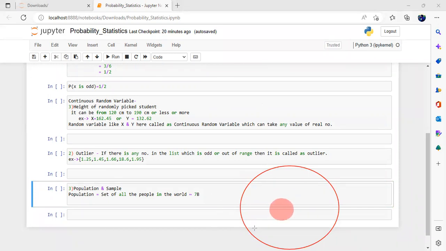For example, if you want to find the mean, and your data is too large and it is not possible to work with such large data, then you can take a sample of that data, find its value, and work with that. Okay, so let's take the example.